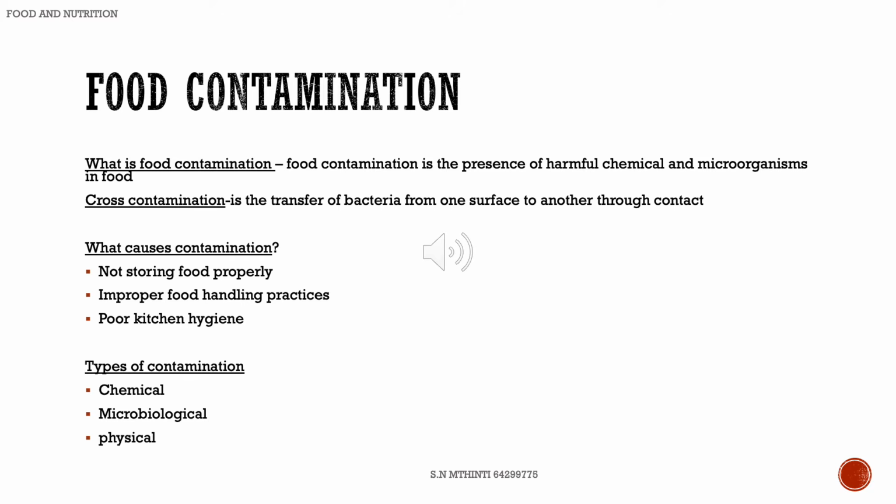By this, I mean you maybe take your chicken breast and put it on a plate where you had put red meat that was uncooked. So basically mixing two food items that you're not supposed to be mixing.